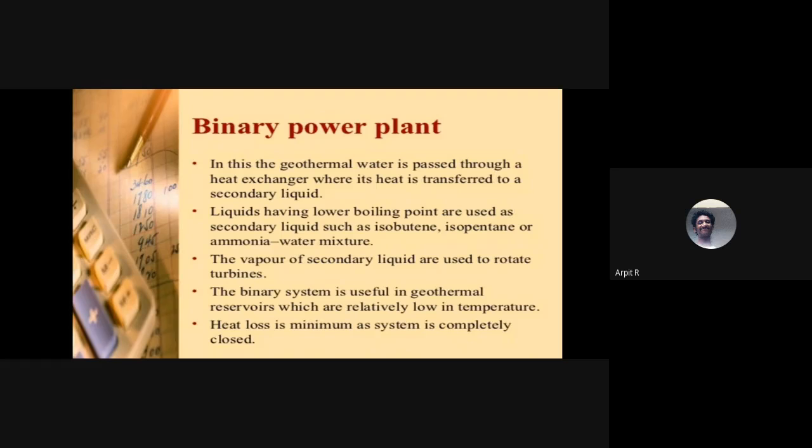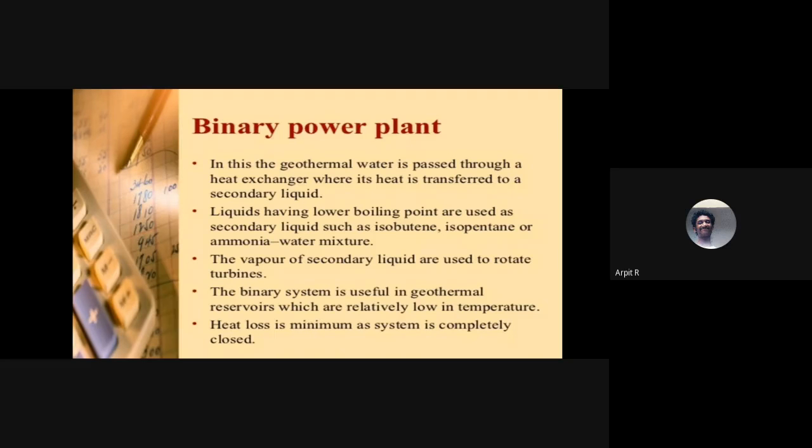The vapor of the secondary liquid is used to rotate turbines. The binary system is useful in geothermal reservoirs which are relatively low in temperature. Heat loss is minimum as the system is completely closed.